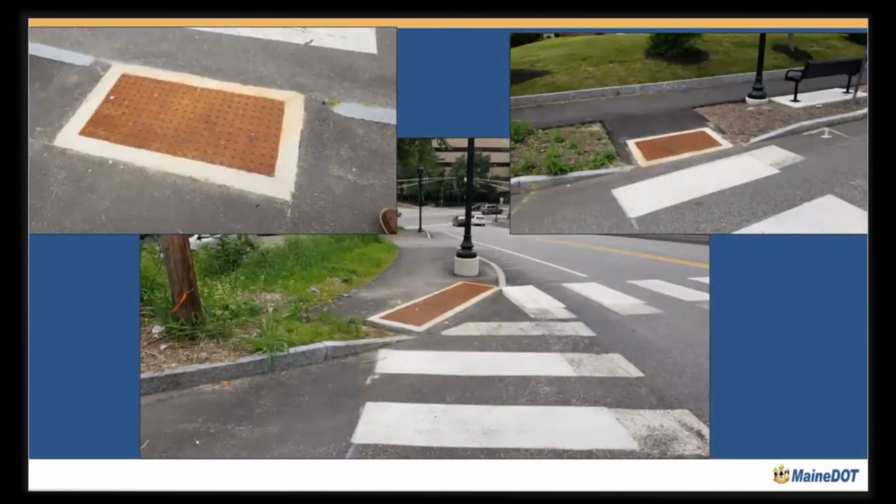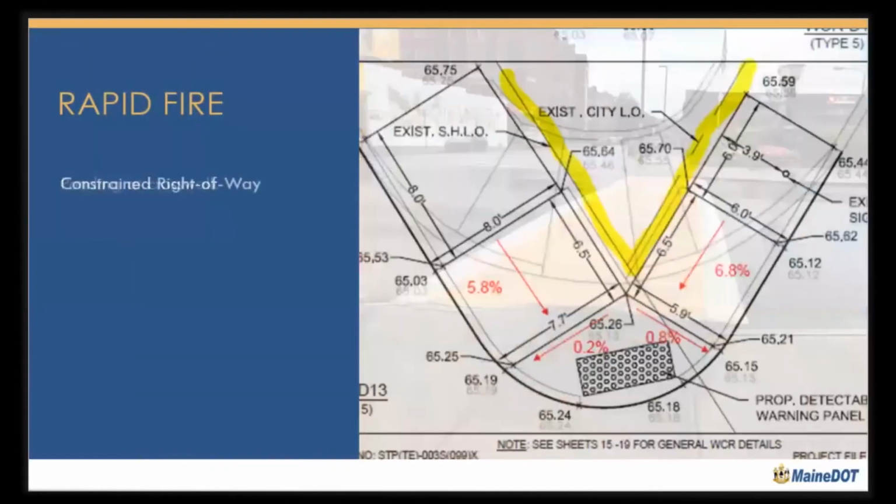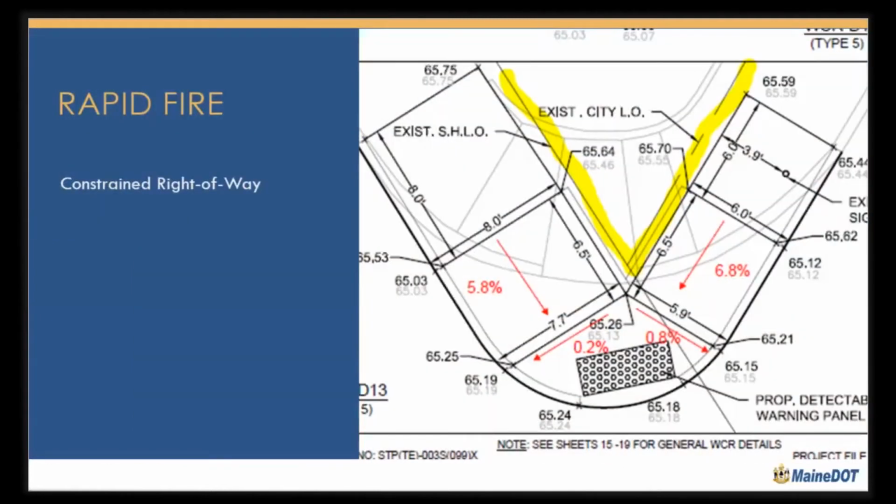I want to go back to Mark's previous slide, just one commentary on this. At least with the state of Maine, we have this thing called prescriptive right. So if a sidewalk is on private property and has been used for a period of time, maybe 20 years, for public use, I think MaineDOT's position is they have the right to keep the sidewalk on private property. They may formalize it through the right-of-way process, but there may be no compensation for that, I don't know the details. Typically, it's maintained over 20 years.